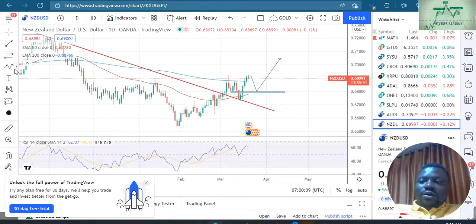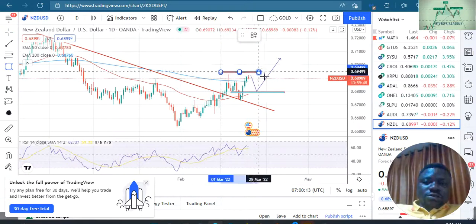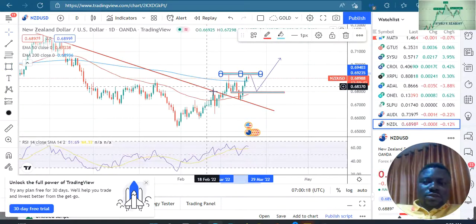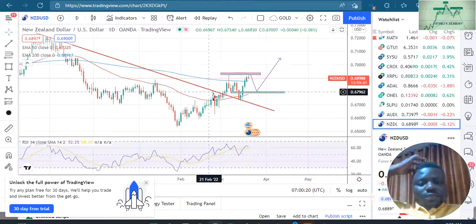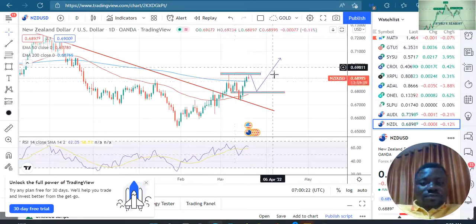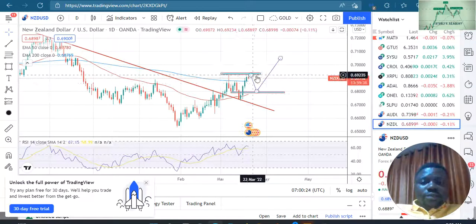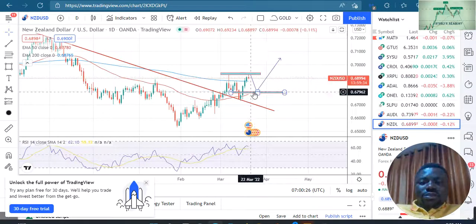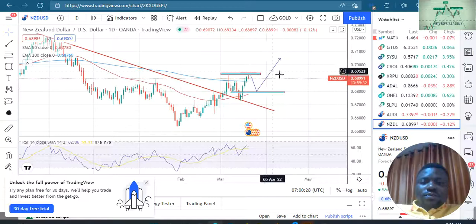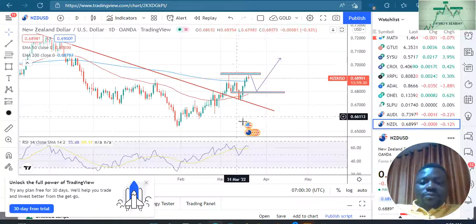because with what we are having here, this shows a resistance on NZD USD, and as a result of that, I expect the market to make some correction down to this area, then we join the buy.